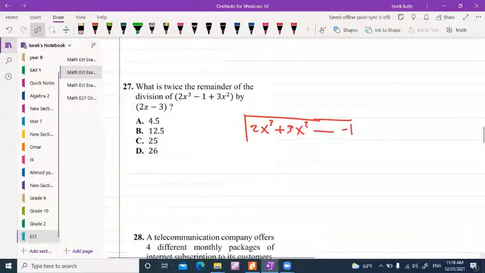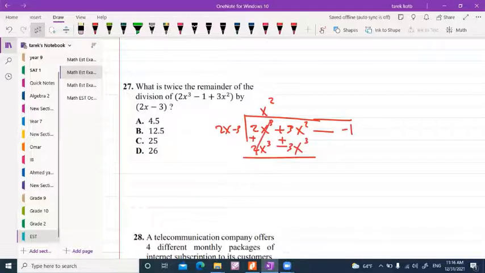The 2x cubed divided by 2x equals x squared. x squared times x is 2x cubed, x squared times negative 3 is negative 3x squared, and then change the signs and add. This will be cancelled and this will be 6x squared, space, minus 1. And then do the division again.